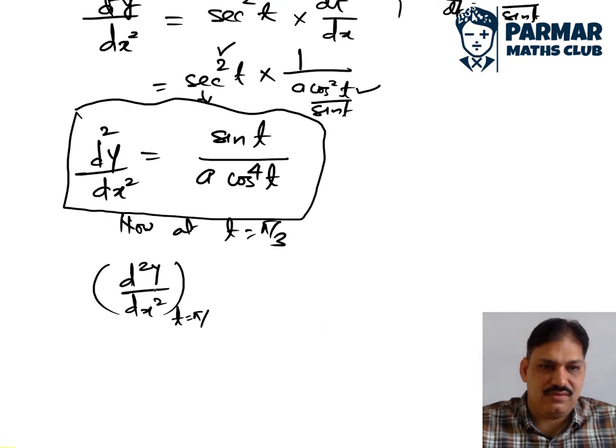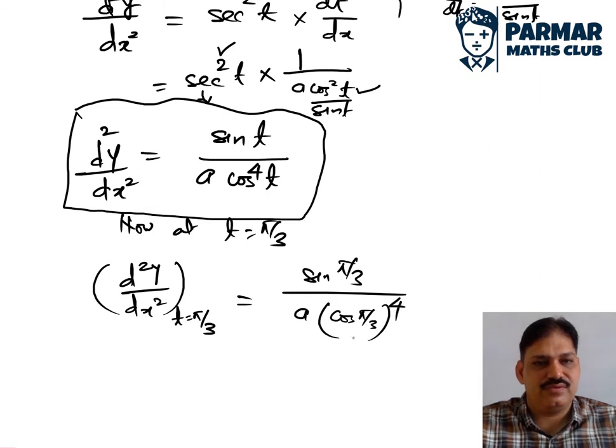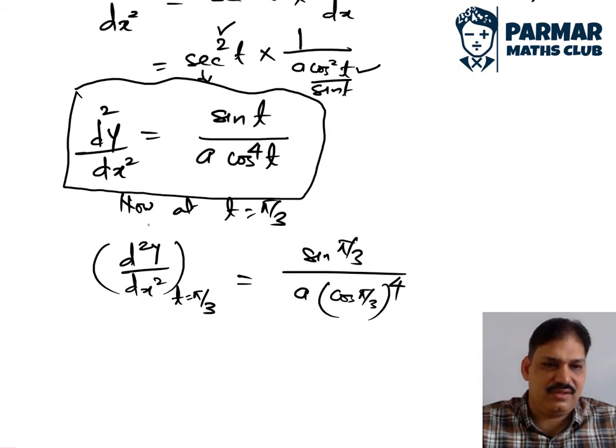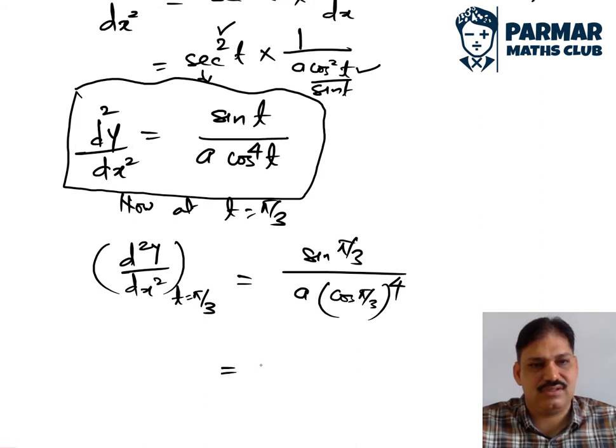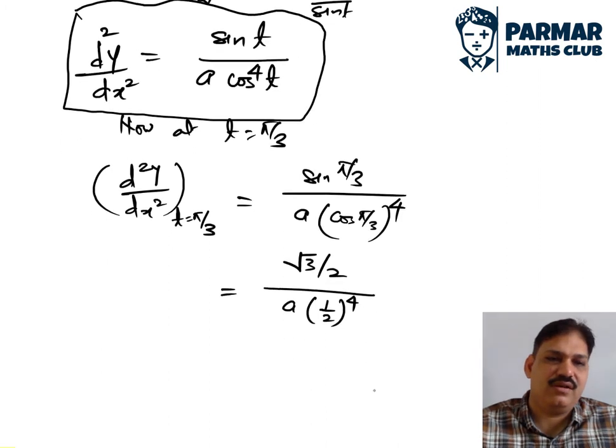So at t equal to pi by 3 it is sine pi by 3 upon a times cos pi by 3 raised to 4. Sine pi by 3 is sine 60, which is root 3 by 2, upon a times cos 60 which is 1 by 2, the fourth power of 1 by 2.